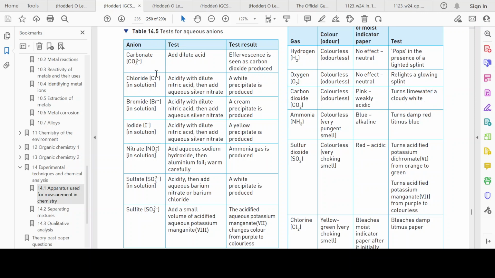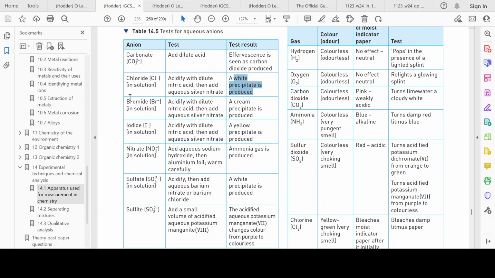Then if there's chloride in the solution, you acidify it with dilute nitric acid and then add aqueous silver nitrate. First you add dilute nitric acid, then silver nitrate, and that will produce a white precipitate, which is silver chloride.